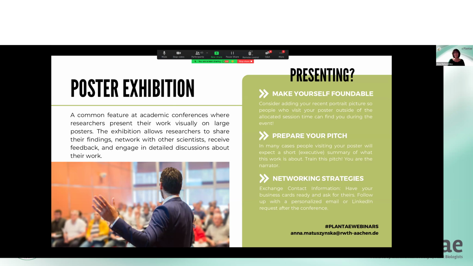And for network strategies, some students get funding for that. Get a business card that you can give to the person that is interested in your work, or use a QR code on your poster so people can scan it and more easily get connected with your work. Follow up with people with a personalized email afterwards.